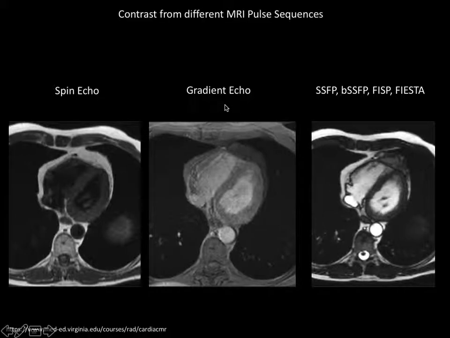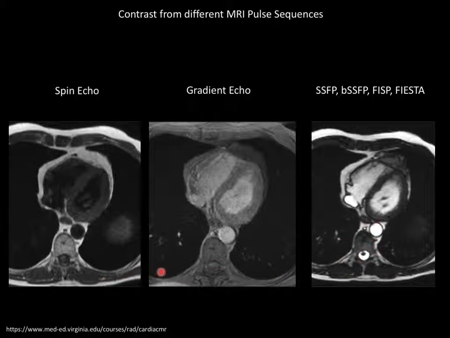This is called a gradient echo image, and then if you use what's called a steady state image, you can make blood extremely bright as well as fat. So there's a complex relationship between the underlying NMR relaxation parameters and the brightness of the pixels on the image.